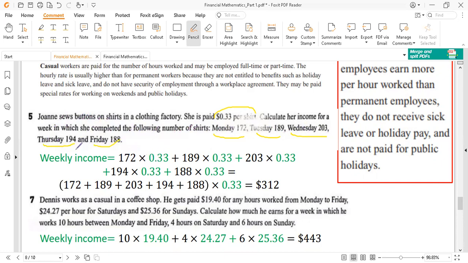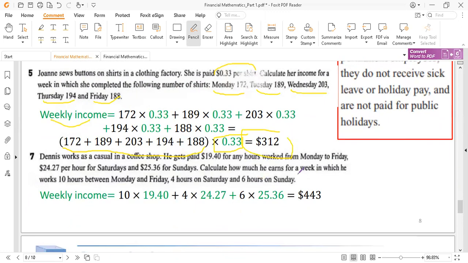All these shirts are paid equally at 33 cents. So the weekly income equals the sum of these shirts times 33 cents, to obtain finally $312 as a weekly income.